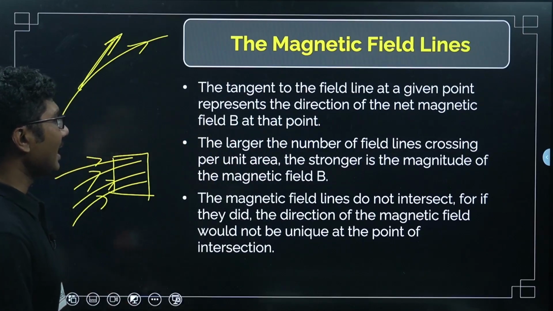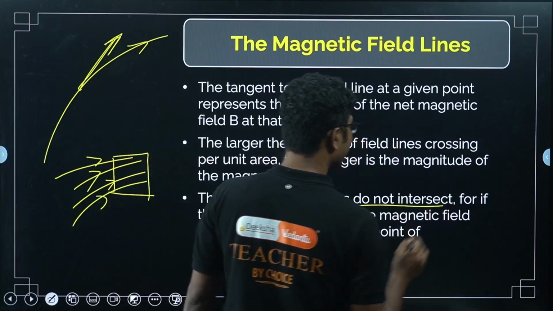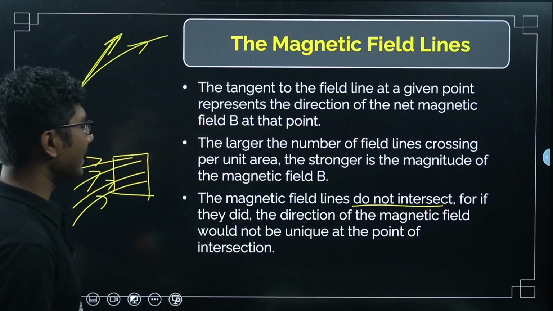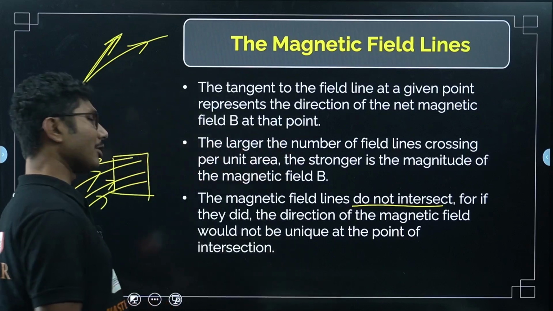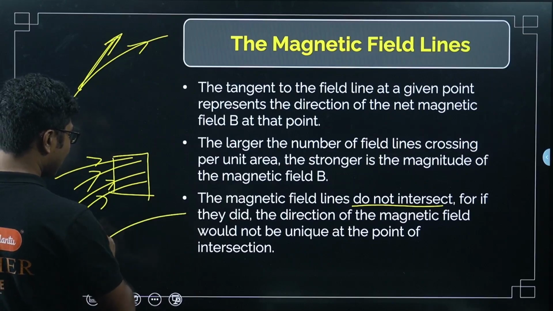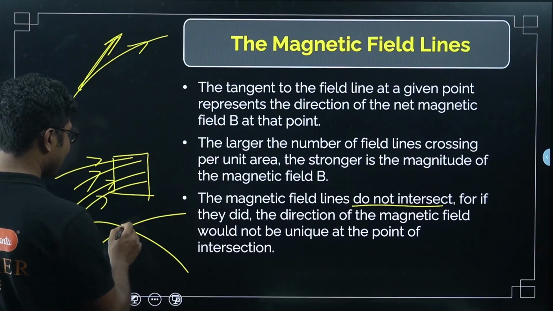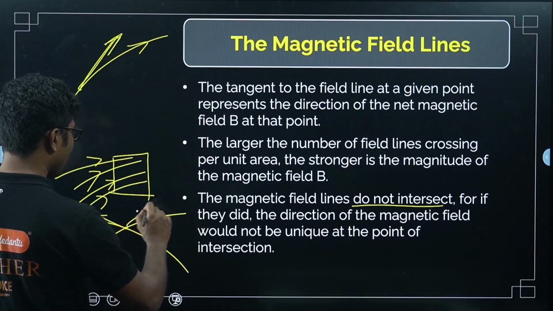Now, magnetic field lines do not intersect, same as electric field lines. If they did, the direction of the magnetic field would not be unique at the point of intersection. Suppose there is a magnetic field line here and another magnetic field line here. At this point the magnetic field would be either in this direction or in this direction.